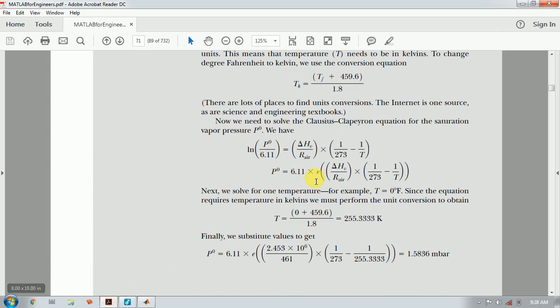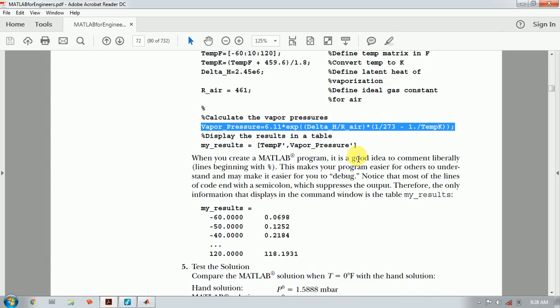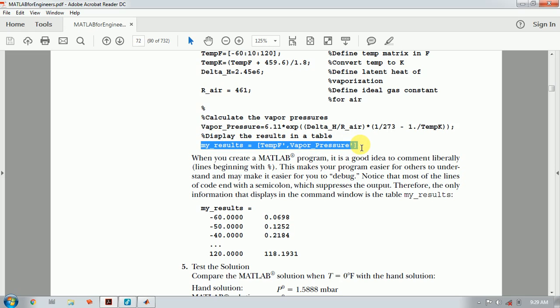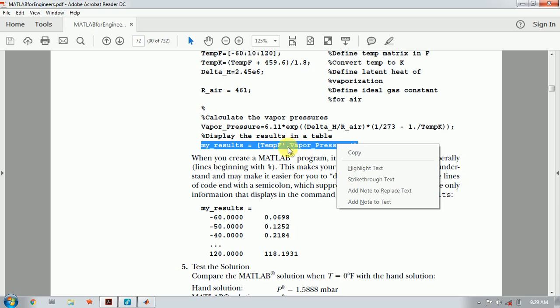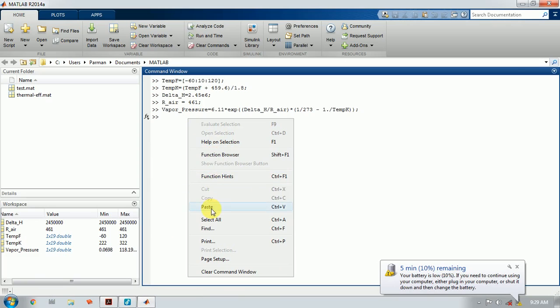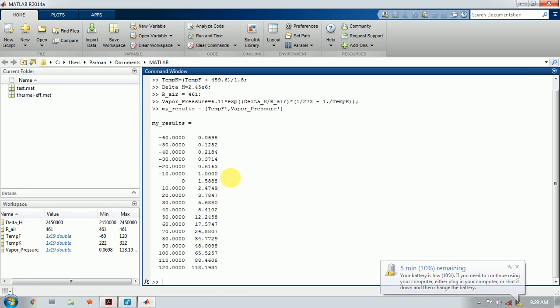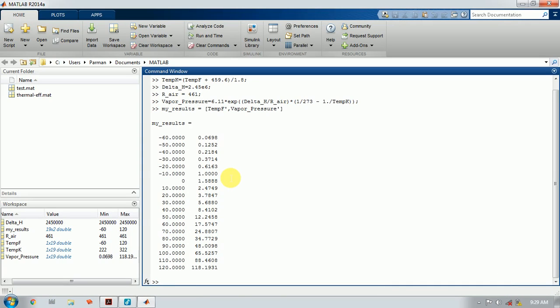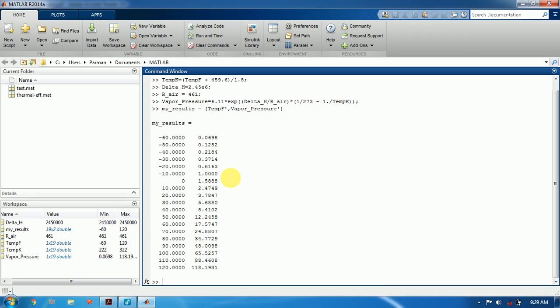Okay, let's continue. We will put the result in a table. Okay, we use this command. Okay, this is the value, we can table it.